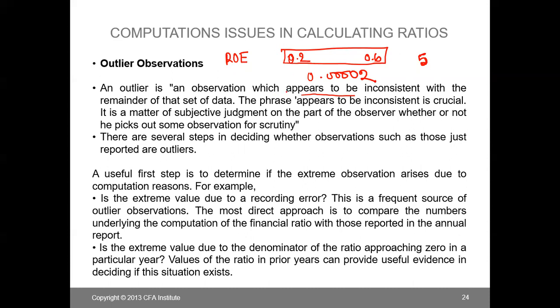It seems that something went wrong. So these are some numbers which might look like outliers. Why are they outliers? Because they are very much different from the descriptive statistics of the whole crowd.